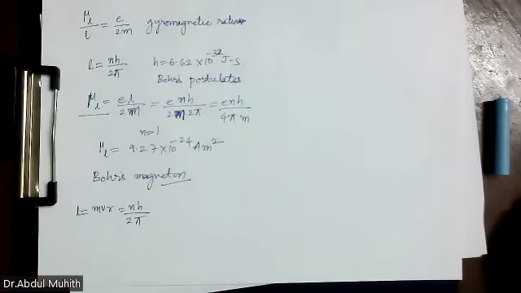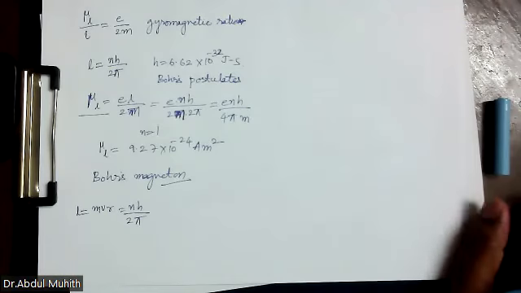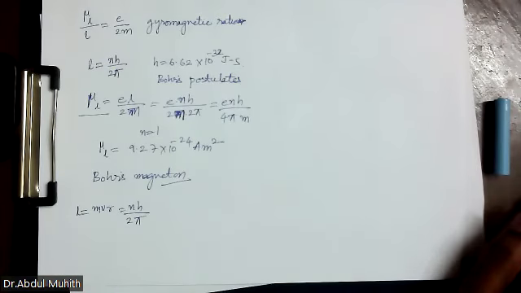Substitute the values and we'll get the answer. Is this clear, all of you? This condition is known as Bohr's quantization condition. It says that the angular momentum is discrete, so these are the discreteness conditions.